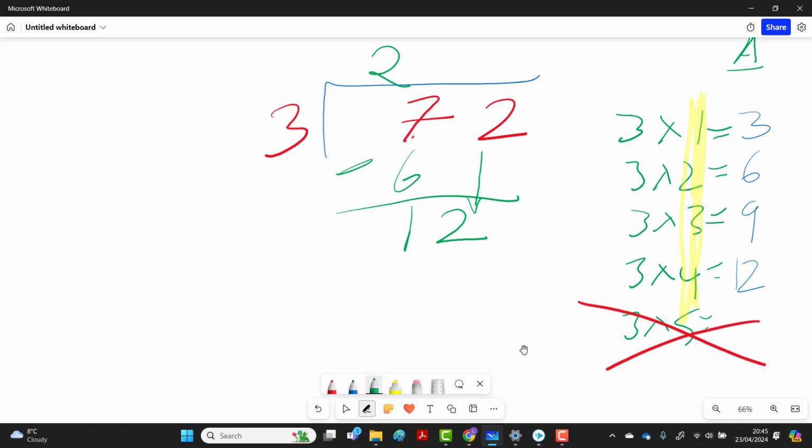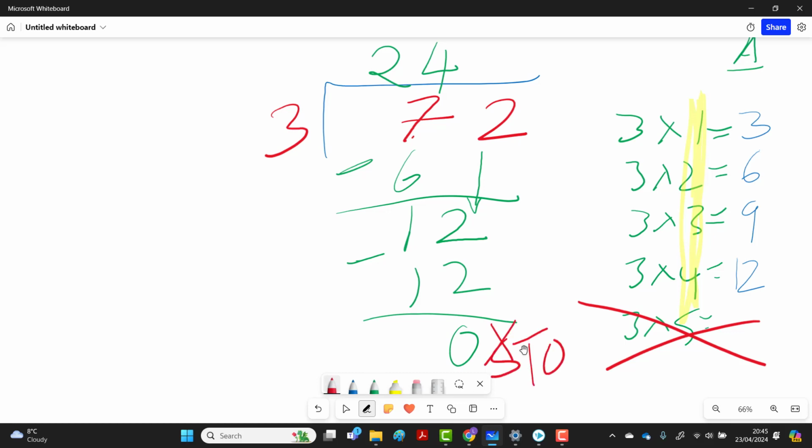So I put 4 at the top. And that's 12. And I'll do the takeaway: 12 take away 12 is 0. Now, because I've reached 0, I can stop. Put stop here. And the answer is the one above. So 72 divided by 3 is 24. And that's the answer.